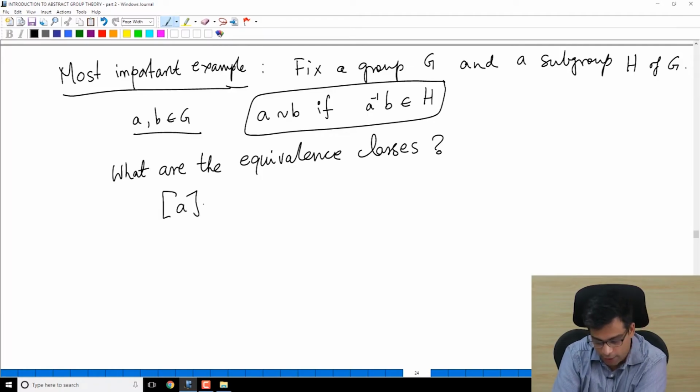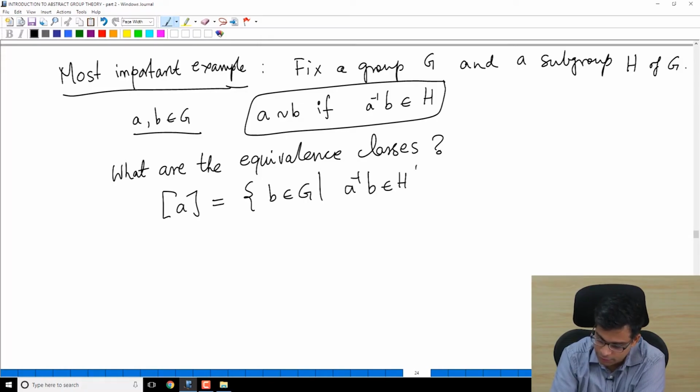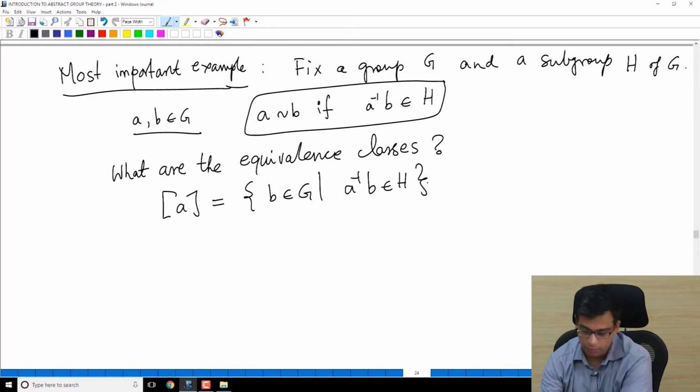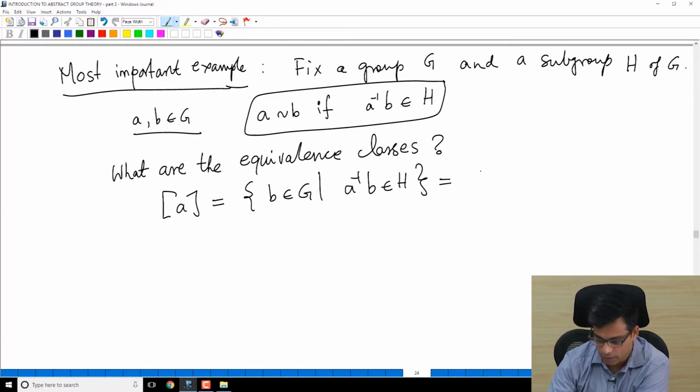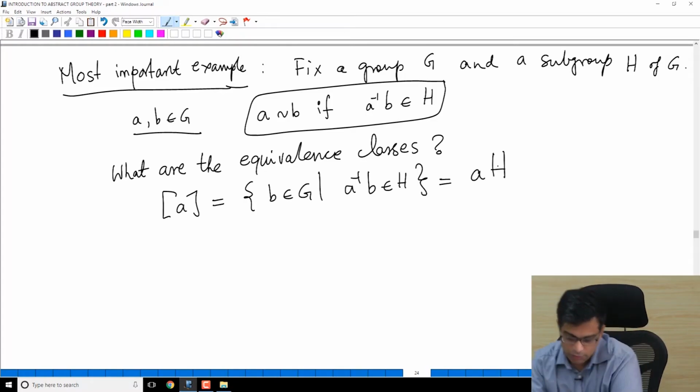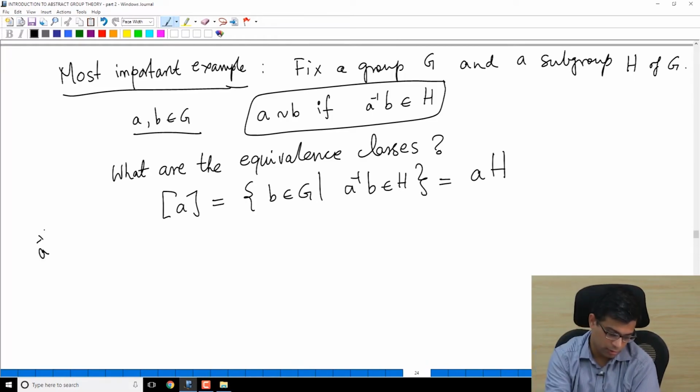The equivalence class of A is all B in G such that A inverse B is in H. But this is the same as AH, because if A inverse B is in H, then A inverse B is equal to a small h, so B is a times h.